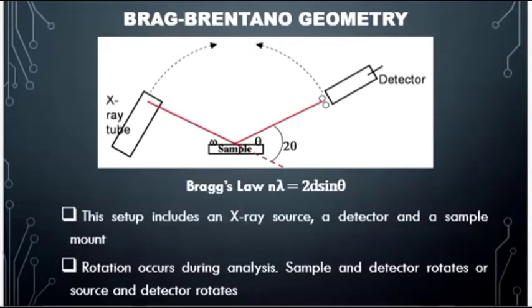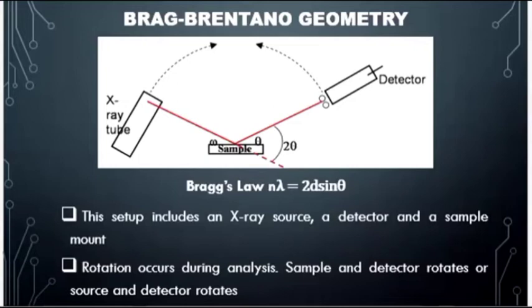So in any XRD machine, two or three main parts will rotate. For many machines, the source is fixed while the sample and detector are rotating. But for others, the XRD machine has a fixed sample mount, while the X-ray tube and the detector rotate about it.